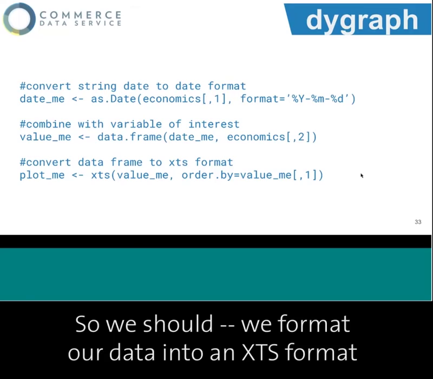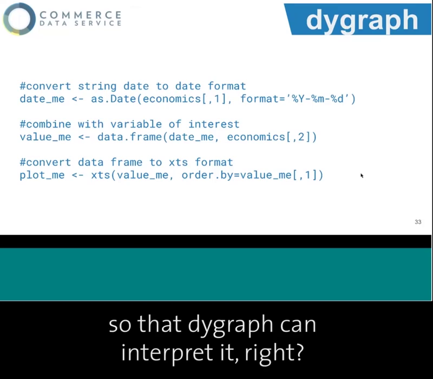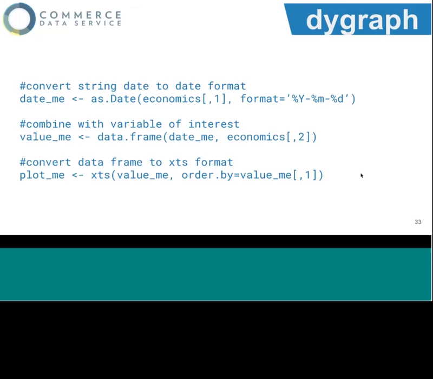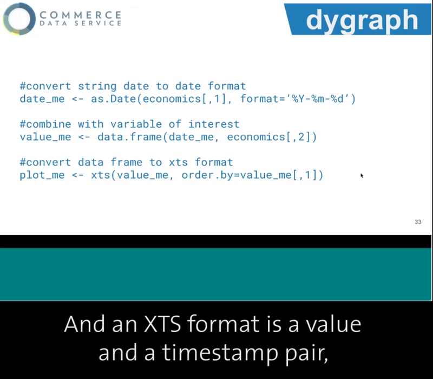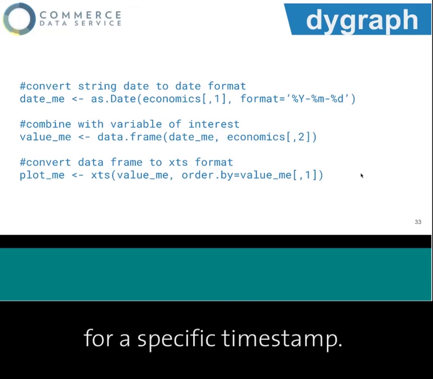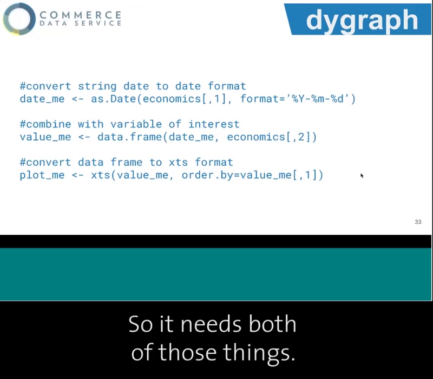So we format our data into an XTS format so that dygraph can interpret it, right? And to do that in R is very simple. There's just a function that does it. An XTS format is a value and a timestamp pair. So you just have a specific value for a specific timestamp. So it needs both of those things.